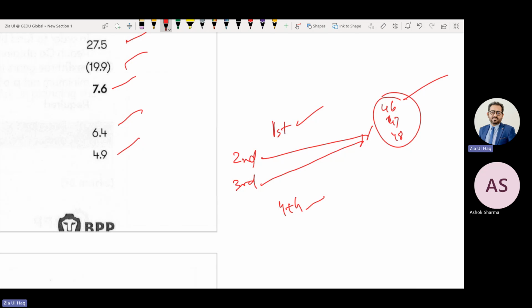And now they are failing in third attempt below 30s. Because to pass one failed paper, you need double efforts than before. If you don't put, you'll be failing again and again. And then after failing in third attempt below 30, they realize, oh no, there is something wrong.